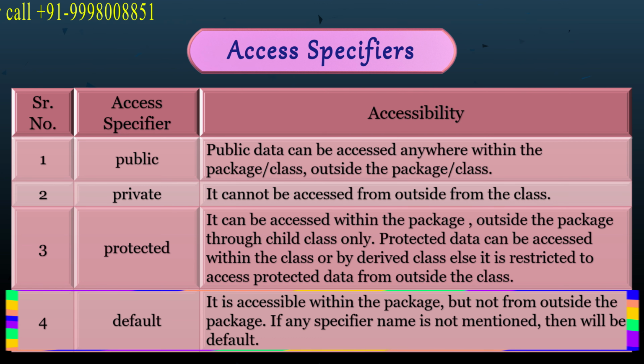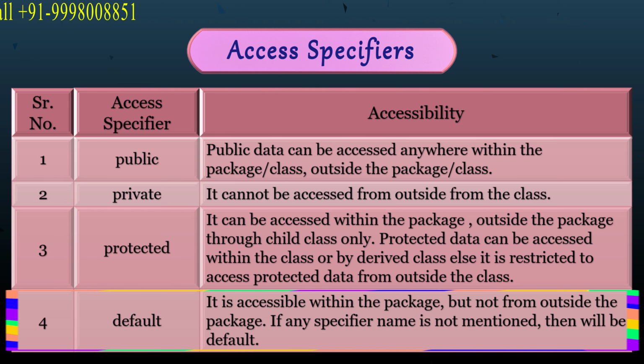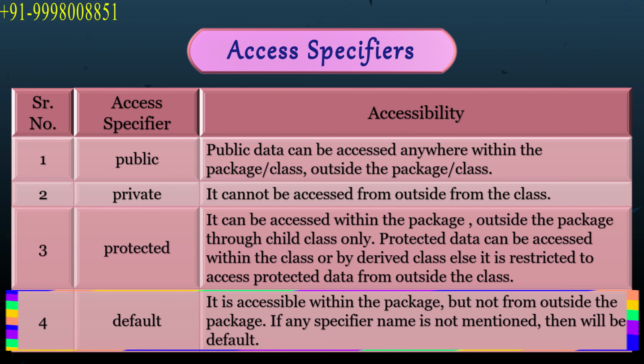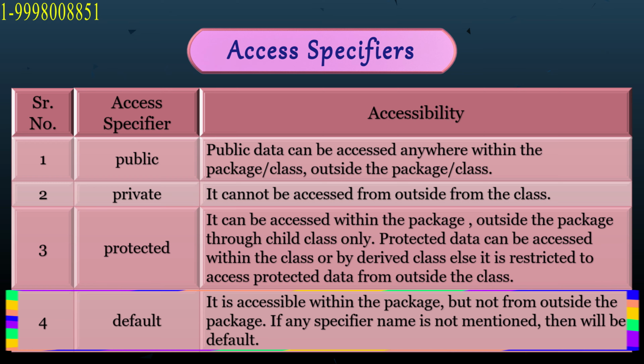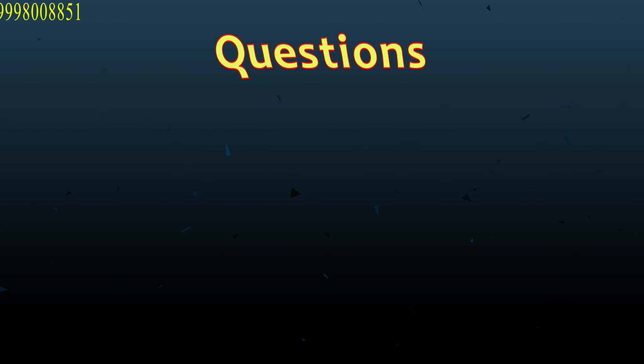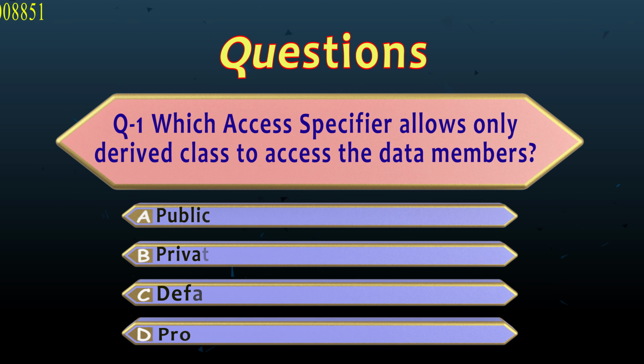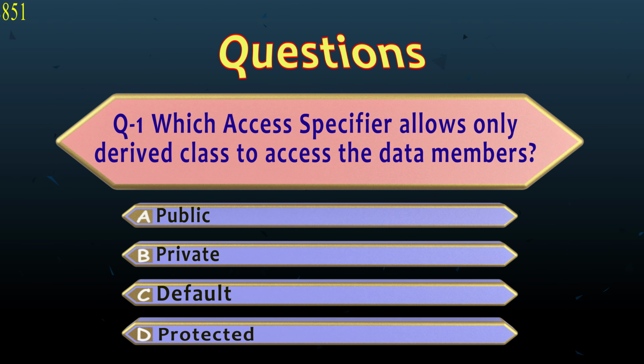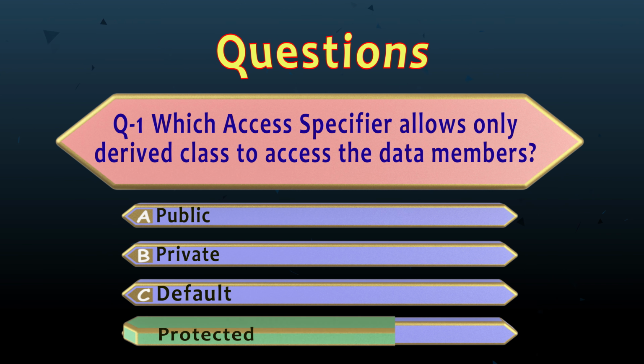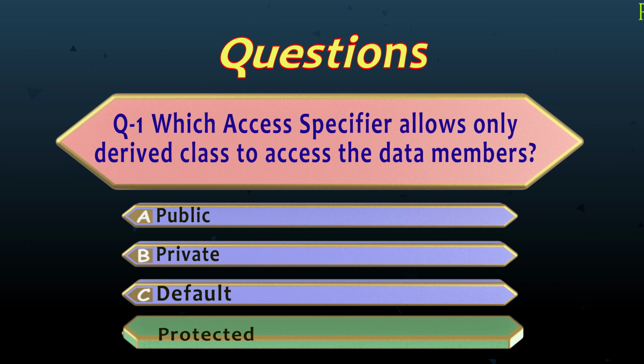So this was all about wrapper classes and Java packages and some other information. So let's move to MCQ. Our first question is, which access specifier allows only the derived class to access the data member? The correct answer is option number 4, protected. It means that only some can use it and others cannot.